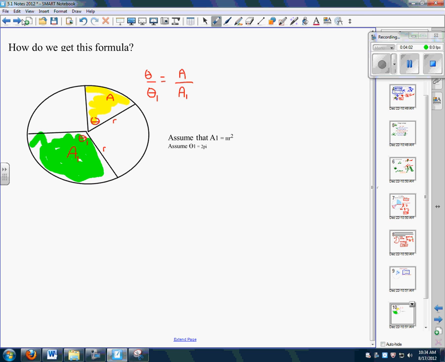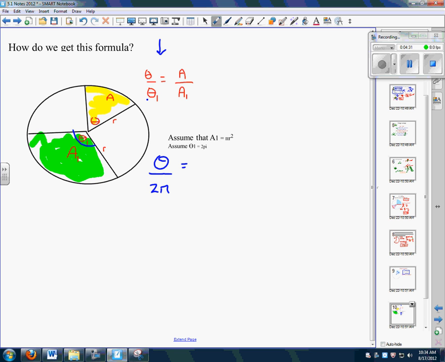So let's take two different central angles, theta and theta 1, in two different areas, area and area 1. So from geometry, we should be able to set up this ratio again. So the central angles should be the same ratio as the areas. Now, let's say this theta 1 here cuts out exactly 2 pi. So it's going all the way around the circle.